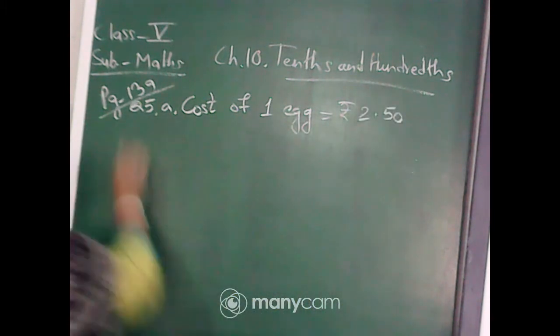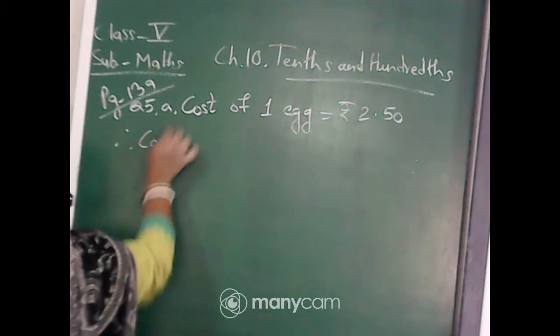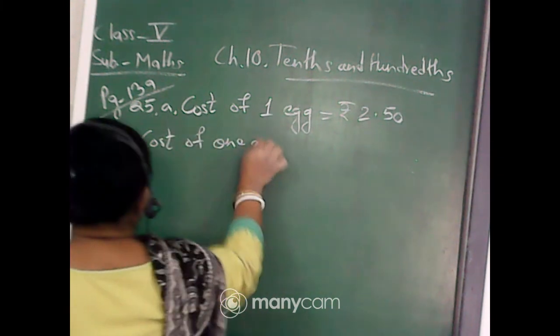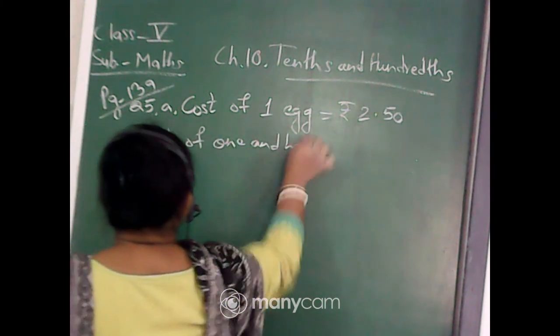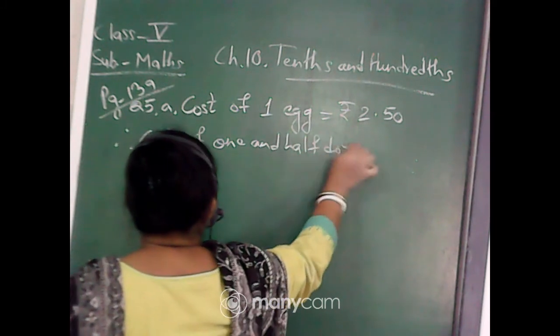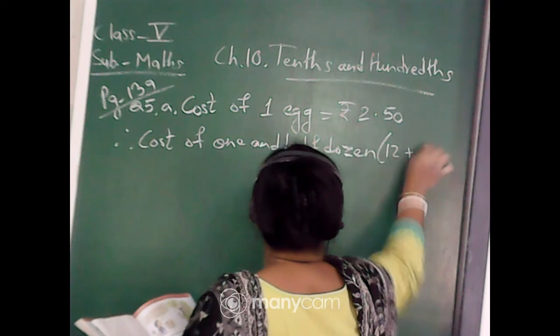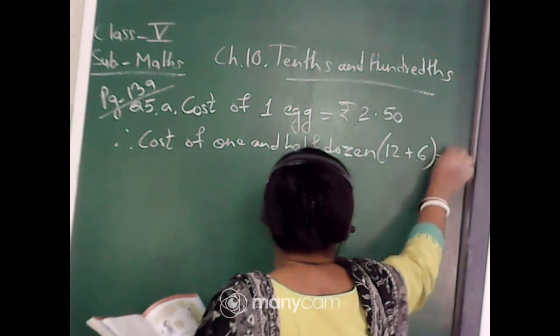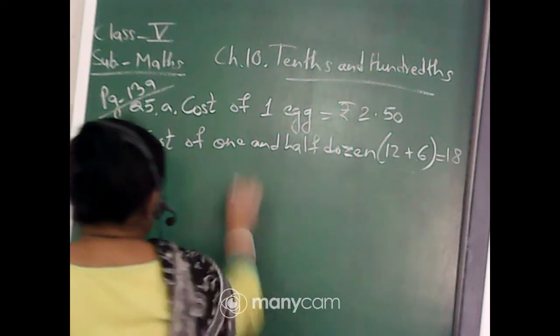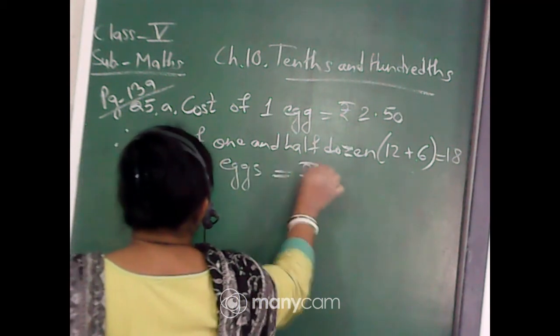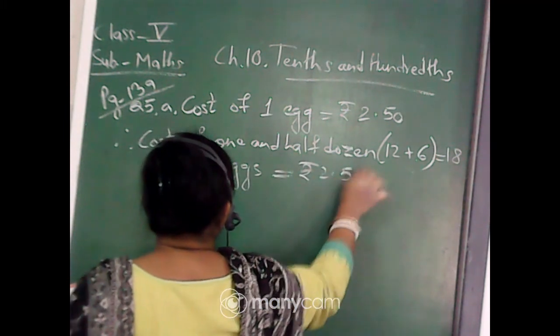Therefore cost of 1.5 dozen, that means 12 plus 6 is equal to 18 eggs, is equal to rupees 2.50 into 18.